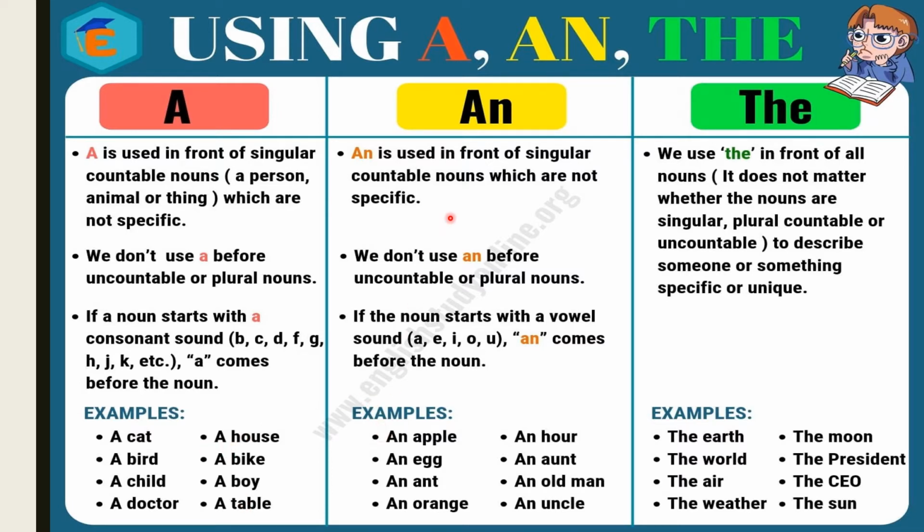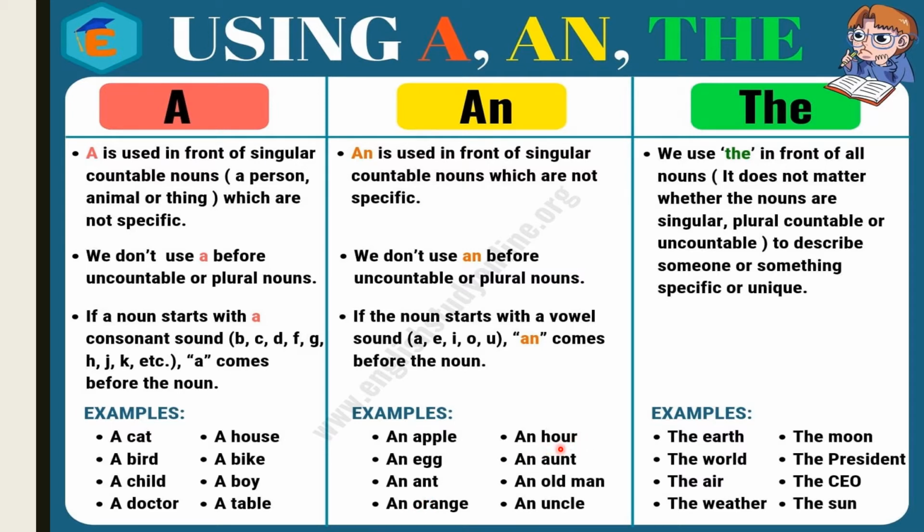But in the case of the article an, the sound of all the words in the example is a vowel sound. That's why I have used here the article an. Apple, a. Egg, e. Ant, a. Orange, o. Hour, an.